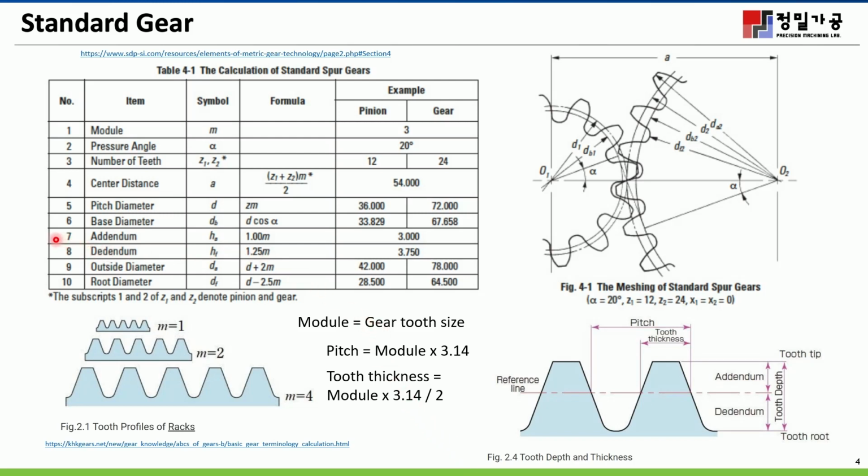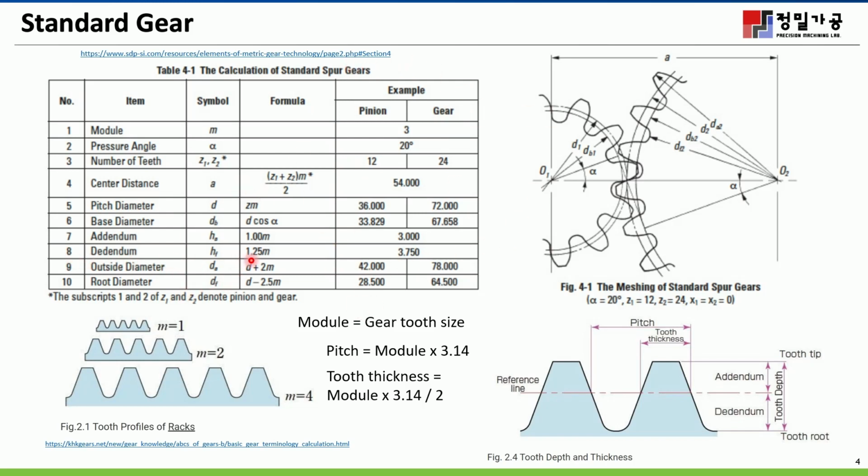The definition of addendum is usually 1 multiplied by module. For example, here the module is 3, so 1 multiplied by 3. So this addendum is equal to 3 millimeter. All sizes are in millimeter, remember.